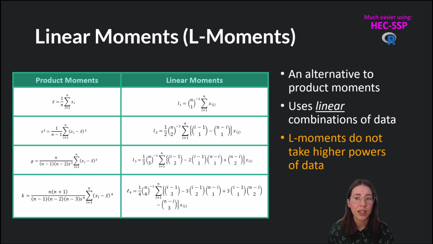Linear moments are an alternative to product moments that use linear combinations of data. So the key is they do not take higher powers of data in their calculation. As you can see here, we have increasing powers on the deviation from the mean, whereas with the linear moments, only linear combinations are taken.